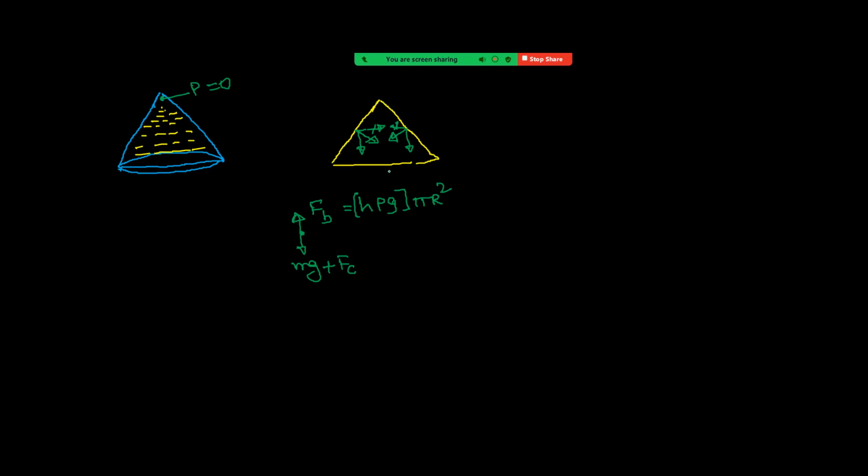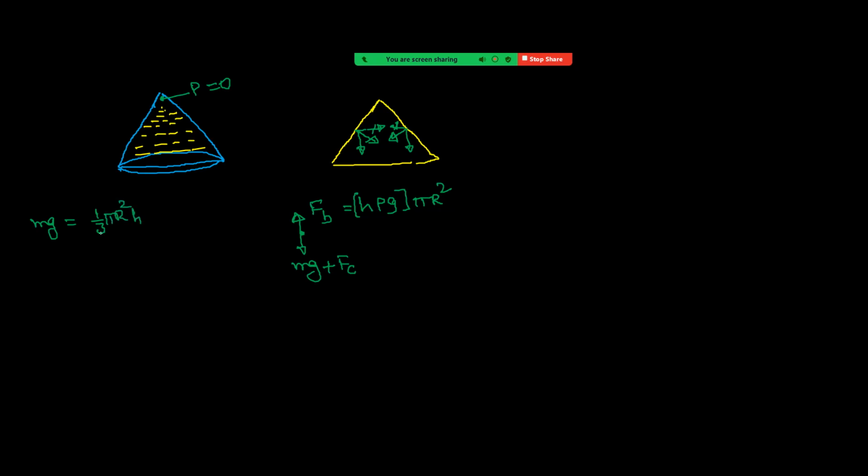Or you can say force by bottom of the cone on liquid. Next, focus on weight of the liquid. See what is volume. Volume equal to 1/3 pi r square h.